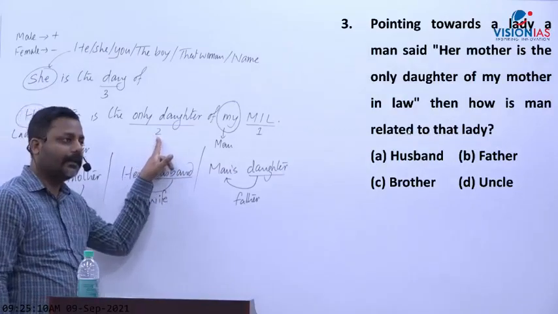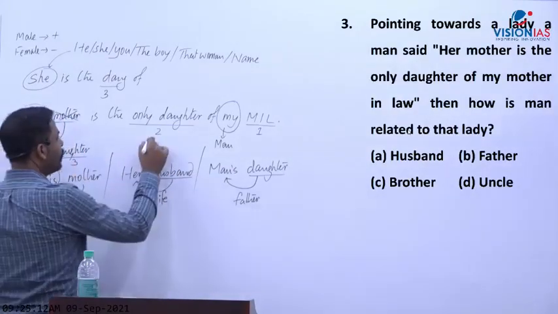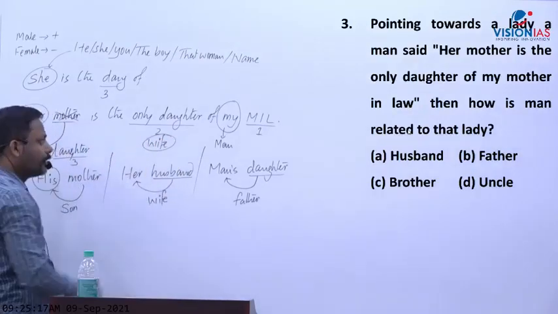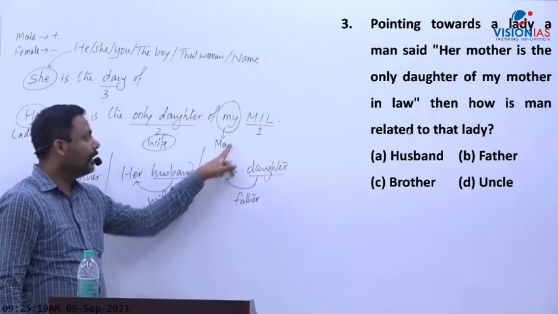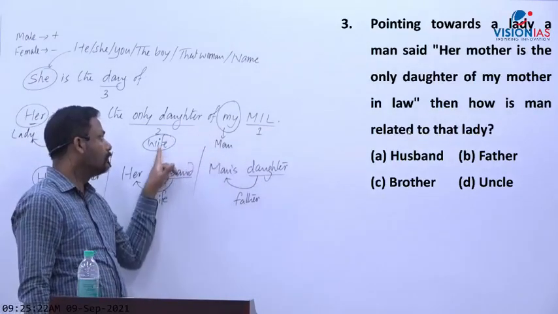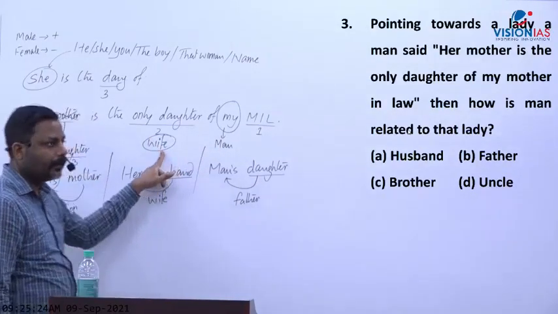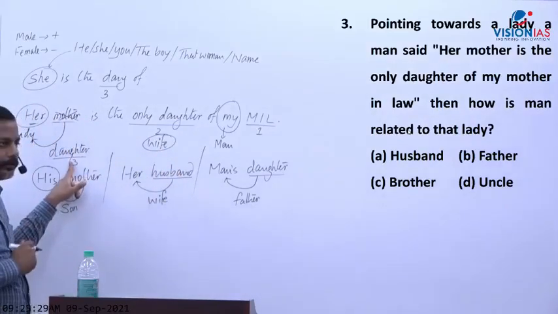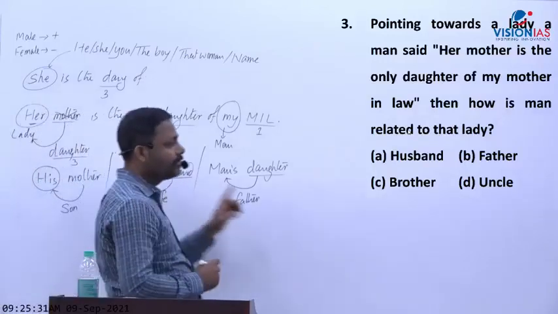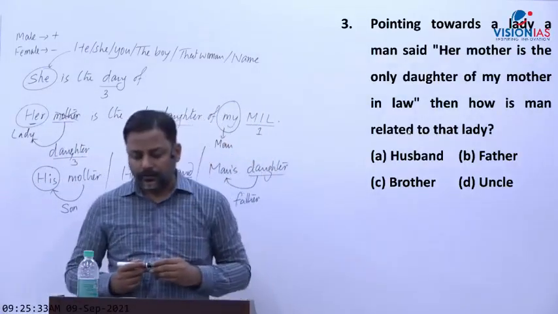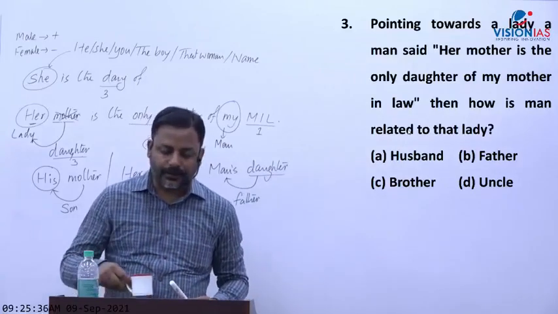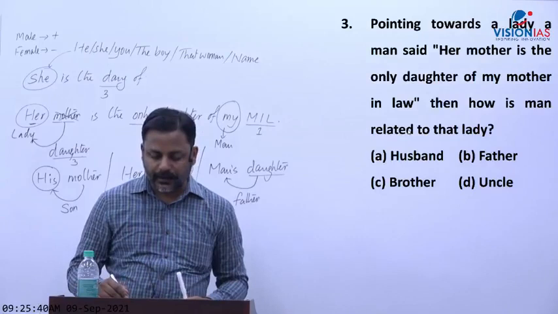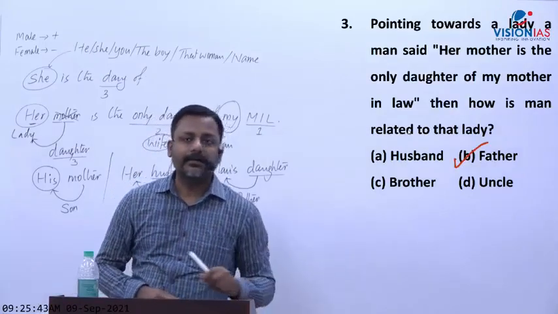And man's wife's daughter is man's daughter. So the lady is man's daughter. If the lady is man's daughter, the man will be father of the lady. So the question is, how is the man related to the lady? Our answer is father.